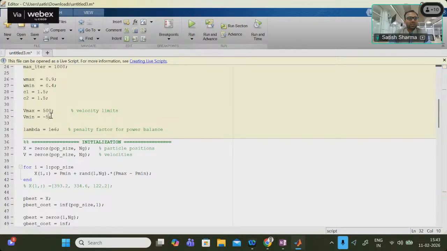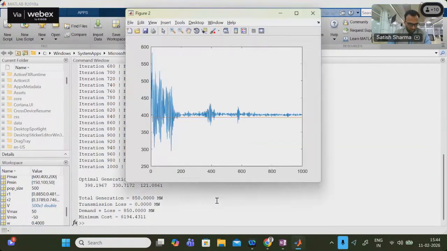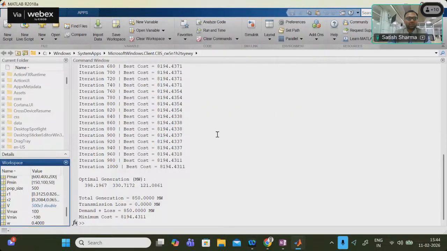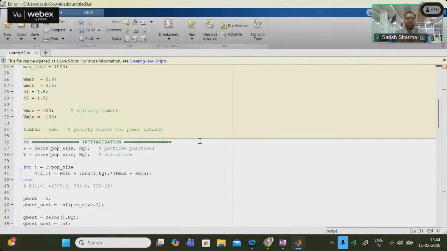Instead of 50, let's say 100 and 100, and let's see how the results are changing. Yep. Somewhat it has been converging, but not up to the exact value. So you can play with this particular code. You can define different values, okay, and obtain different solutions.